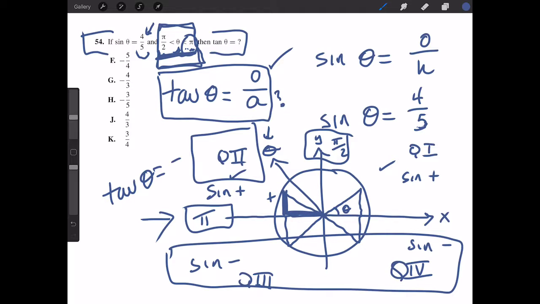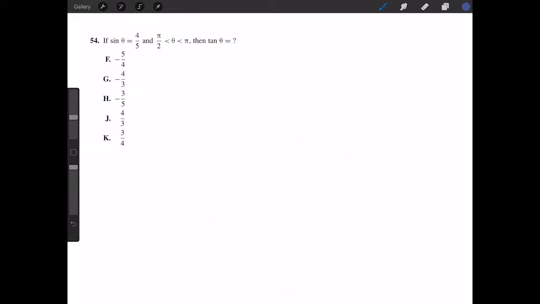Why? Because even though the opposite side, this one right here, is positive, the adjacent side is considered to be negative because, look, it lies to the left of the y-axis. It's along the x-axis, and it's where the negative numbers are found. This would be negative 1 right here, so it's like negative 0.7 or whatever it happens to be at the end of the day.